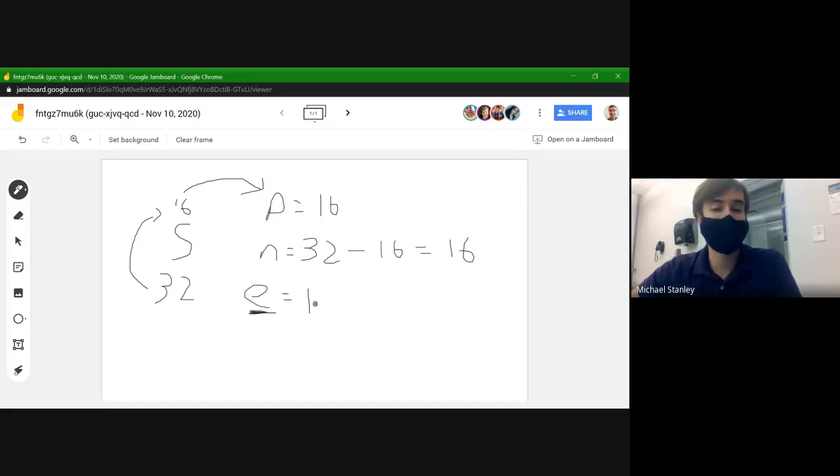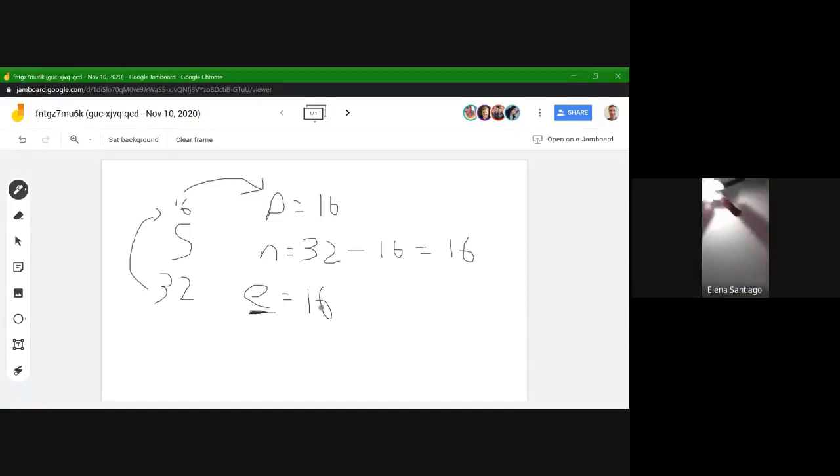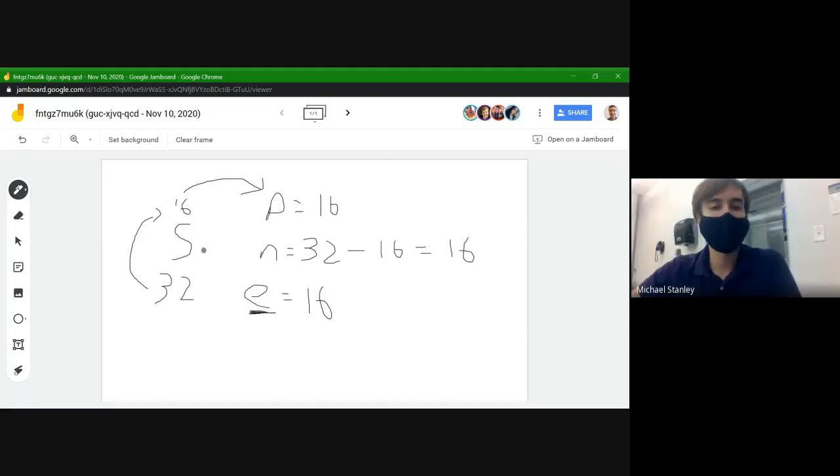And how did you know that it was 16? It's the atomic number? Exactly. So the electrons are equal to the protons. The protons are equal to the atomic number. So if the atomic number is 16, that means that our protons are 16 and our electrons are 16.